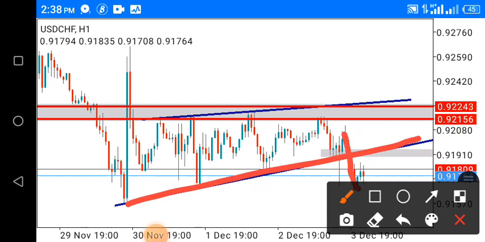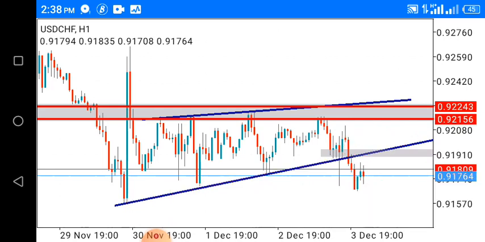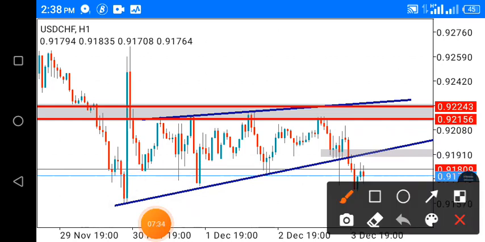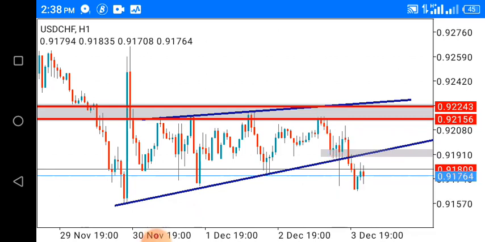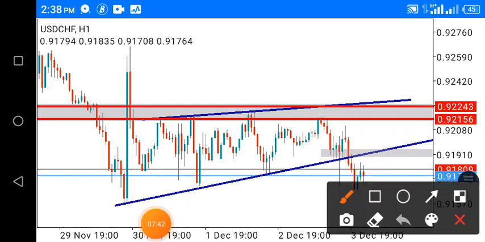So what I'm waiting for is, this is how I want to enter the trade, which is the third rule, entry. How I want to enter the trade is price should bounce back to this level and go down. If you observe, something is happening here. Price is making another small downtrend, because it's trying to make a lower low and lower high.